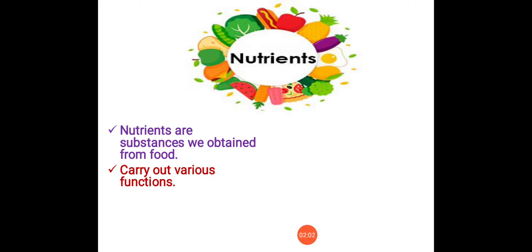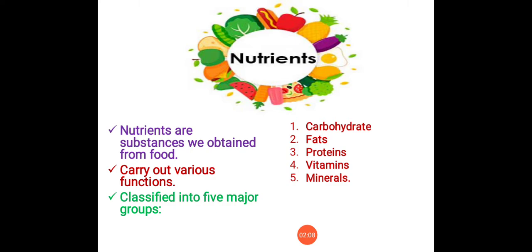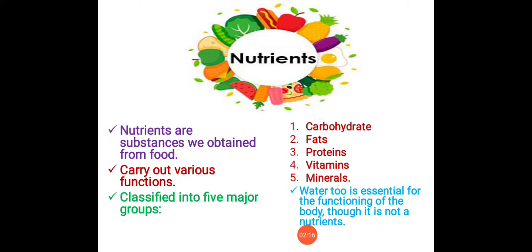Nutrients can be classified into 5 major groups. They are carbohydrates, fats, proteins, vitamins and minerals. Water is not a nutrient, but it is essential for the functioning of the body.